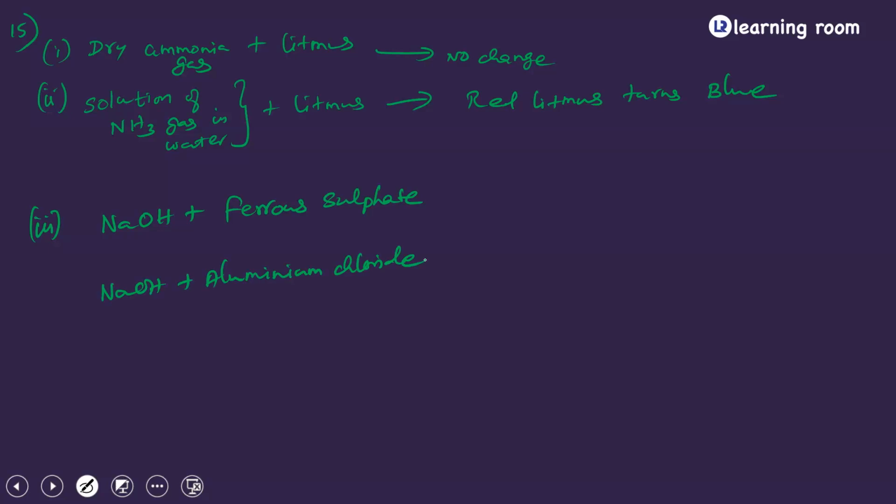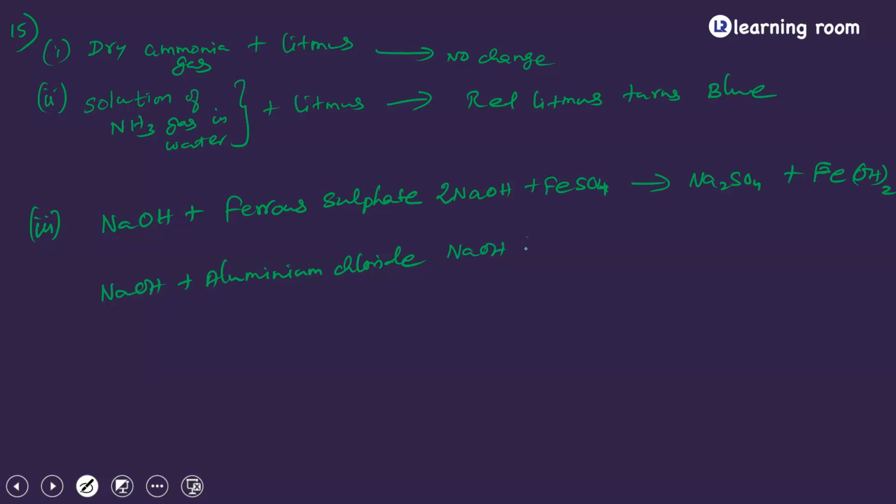What should happen? When sodium hydroxide reacts with ferrous sulfate, what is the formula? NaOH plus FeSO4. When you add, what will form? Na2SO4, Fe(OH)2. So twice, then it becomes correct, no? Yes. Then what about AlCl3?